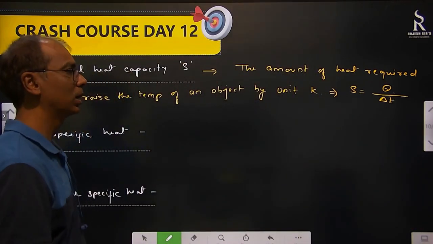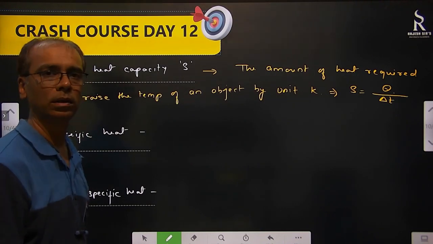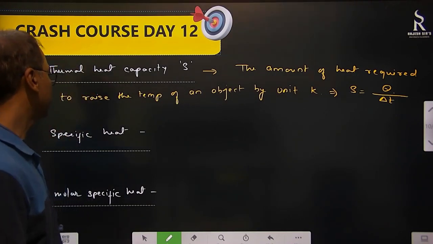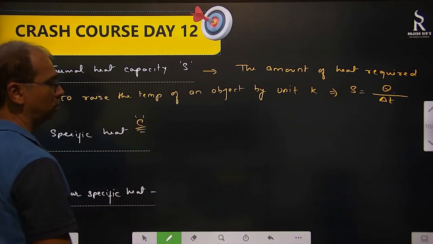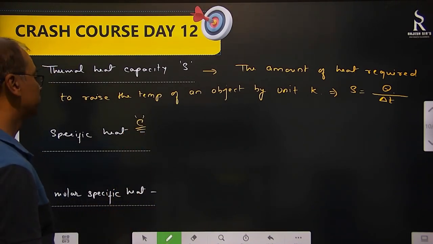Calorie per Kelvin or calorie per degree centigrade or joule per Kelvin. Okay, that is heat capacity. The specific heat we have seen because we already have studied thermodynamics and KTG. The specific heat is what?